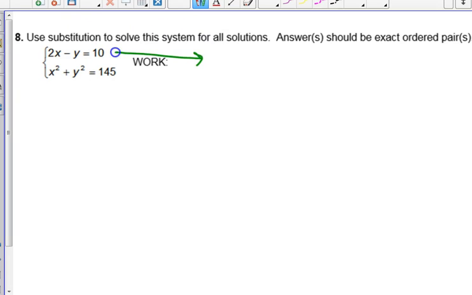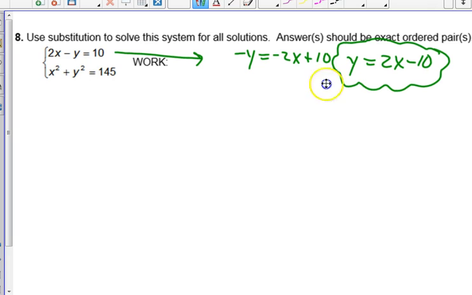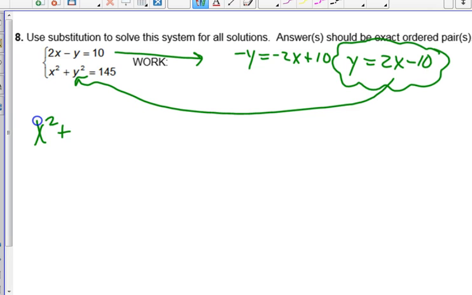All right, if I rearrange this equation, however you want to do it, you can probably do it in your head, but did you get 2x minus 10 equals y? Yes. Okay, now we're going to put this in for y in this one. So it'll be x squared plus (2x minus 10) squared equals 145.